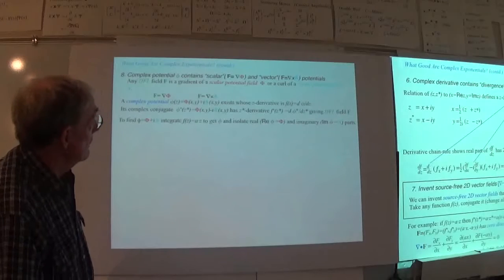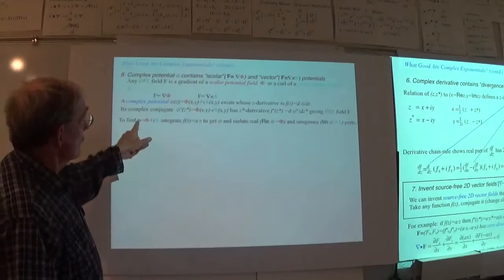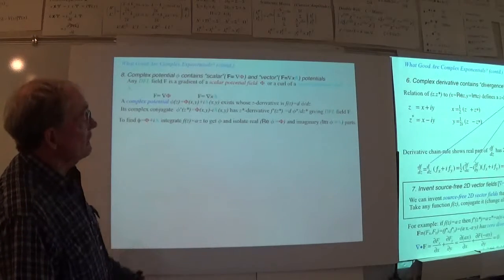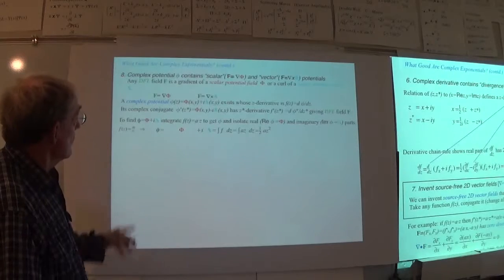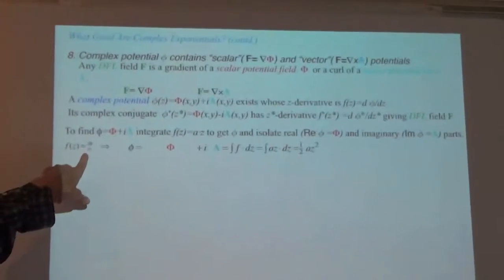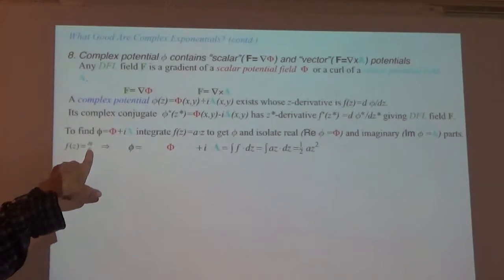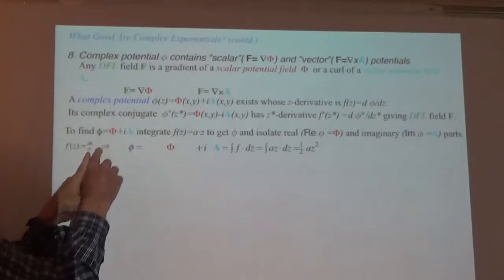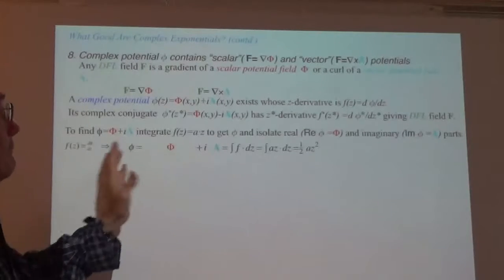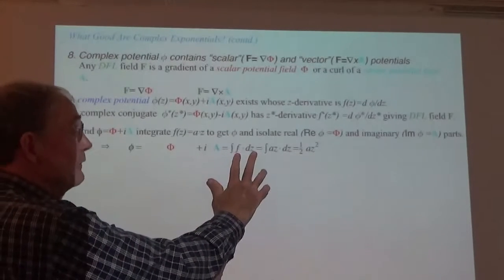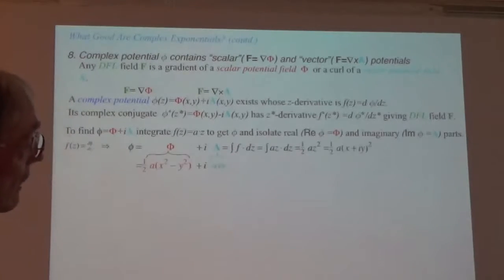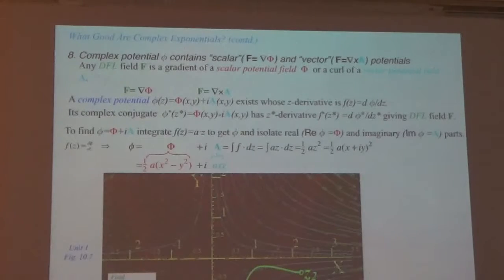In fact, there must be a potential that has as its real and imaginary part, respectively, the scalar and the vector potential. So this was what we did here when we took the f of z and defined or sought a complex potential whose z derivative is that field. Then obviously, or sort of obviously, a simple integral of f with respect to z, which gives you z squared over 2, is the potential, which we were plotting there.